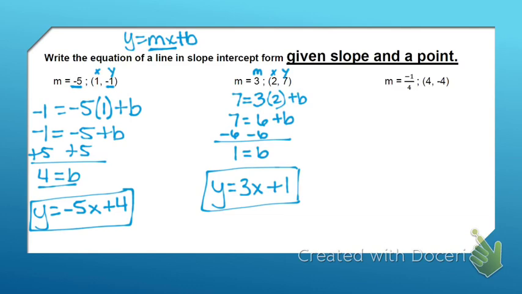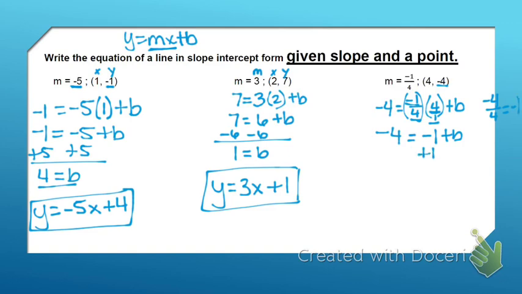Alright, last example. So same thing. So I know my y is negative 4 equals negative 1/4 times my x, and then we're looking for b. So remember, when I multiply fractions, top times top, bottom times bottom, so I get negative 4 equals negative 1 plus b, because I would get negative 1 times 4 and then 4 times 1, which is negative 4 over 4, which simplifies to negative 1.